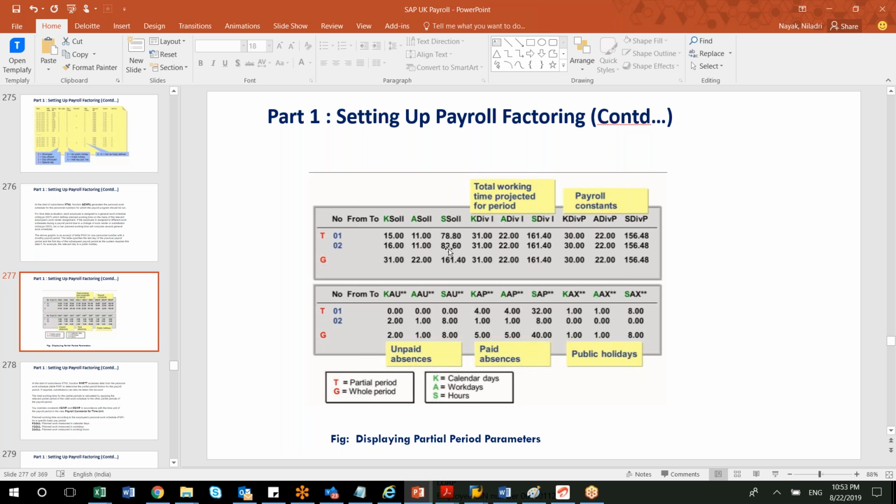This is how the system will consider this information whenever you are processing time evaluation, or running payroll after time evaluation.